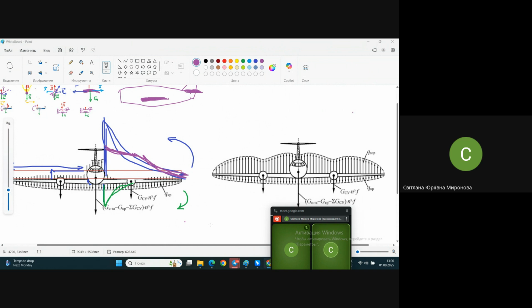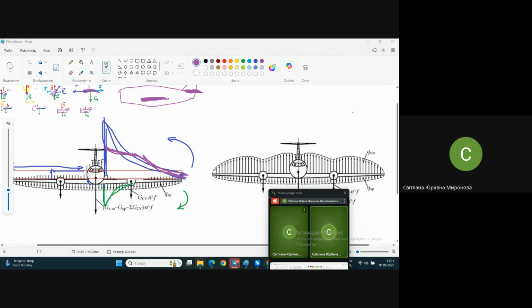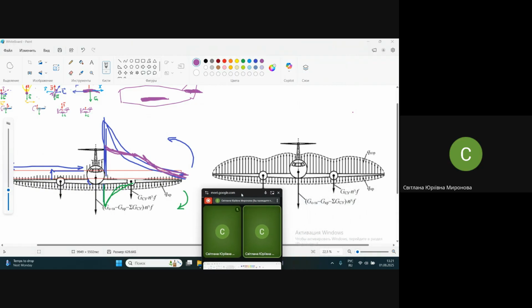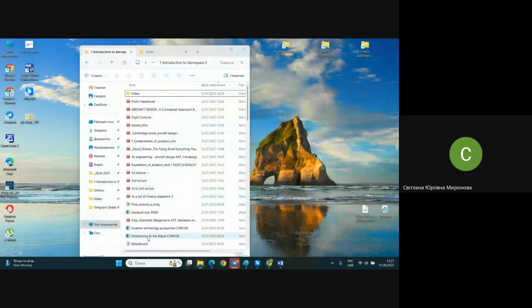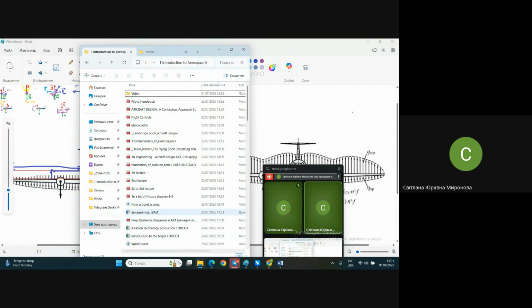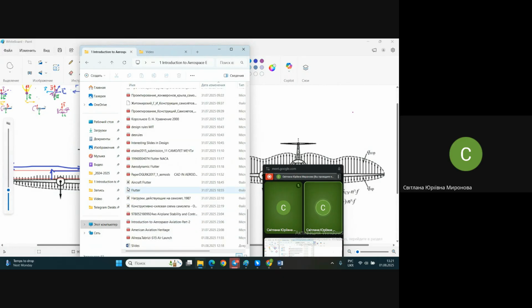If the structure tries to wave by the tips of the wing, let's make the structure heavier. Well, it doesn't go in the best way in this meaning, but let's make the structure heavier. I hope this one.